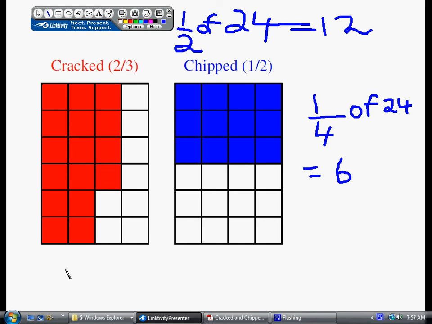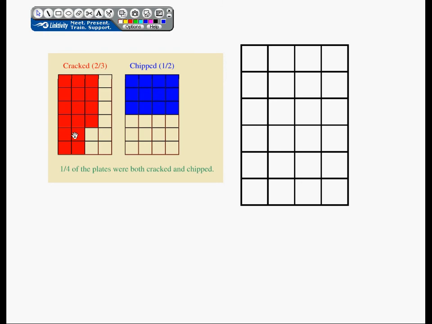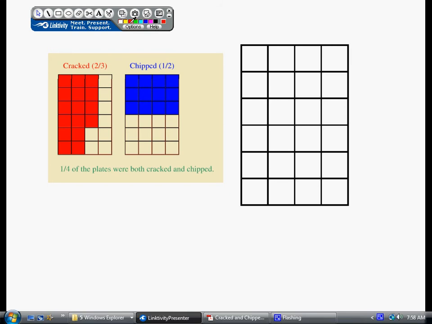So let's take a fresh rectangle, a 4 by 6 rectangle, and fill in the details and see what we can do with it. So 1/4 of the plates were both cracked and chipped. This is the previous slide. So let's work on this area from the beginning. I'm going to use red to represent the cracked plates. So as before, 2/3 of 24 is 16.